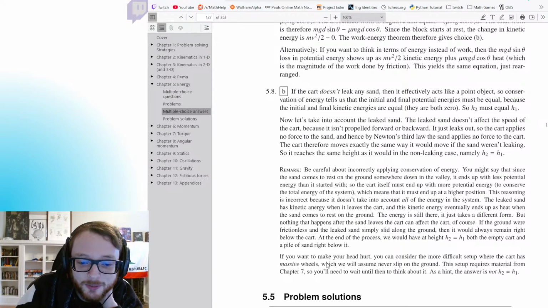It requires material from chapter 7, so you need to wait until then to think about it. Hint: the answer is not that they're equal. It has to do with torque. Interesting.